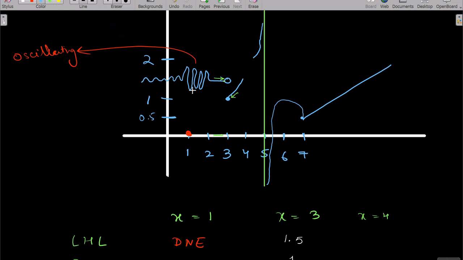Okay, so approach it from the left side.